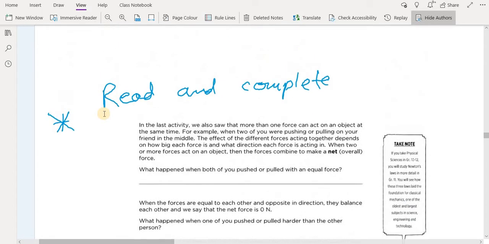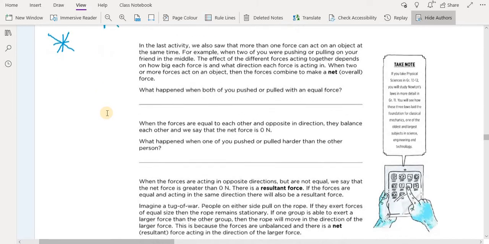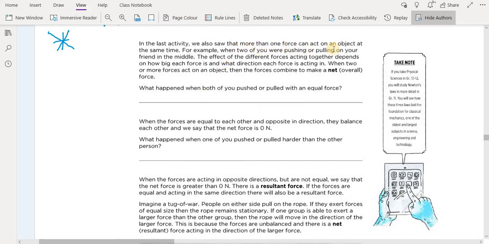In the last activity we also saw that more than one force can act on an object at the same time. For example, when two of you are pushing or pulling on your friend in the middle, the effect of the different forces acting together depends on how big each force is and what direction each force is acting in. When two or more forces act on an object, the forces combine to make a net overall result.